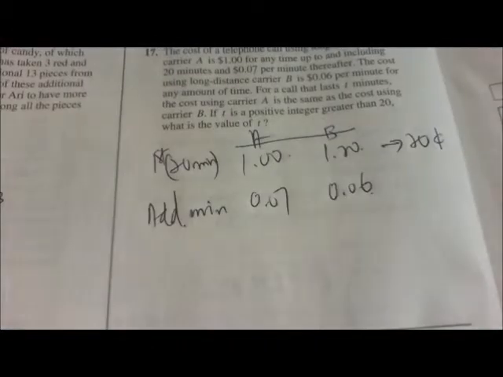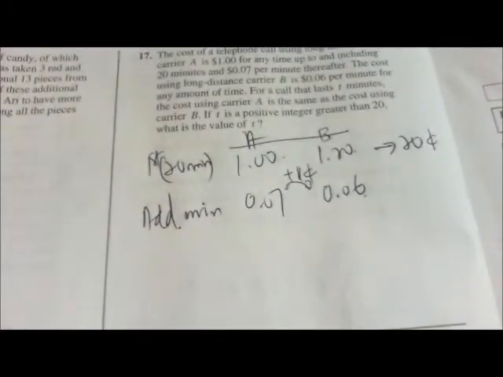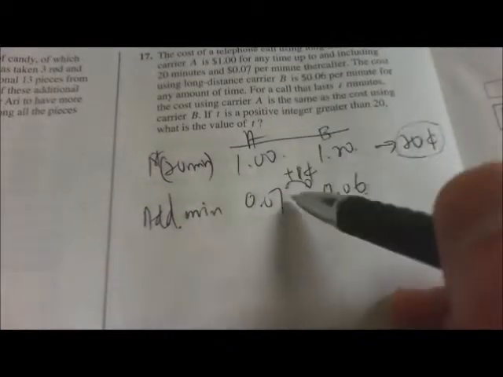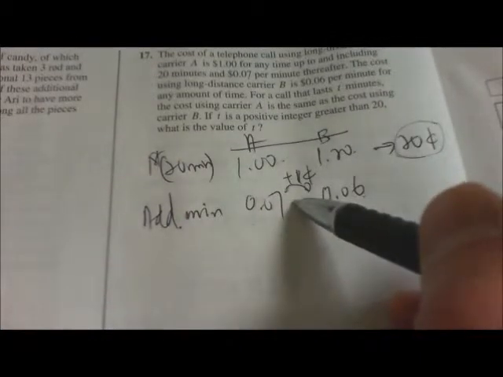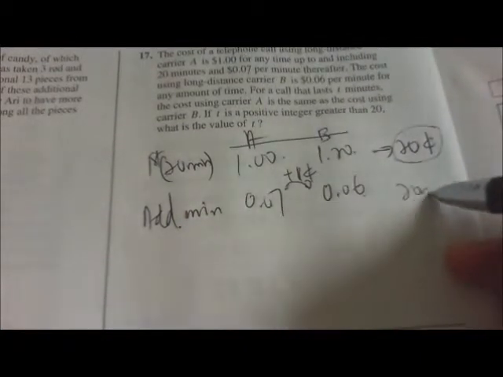For additional minutes, A is 7 cents, B is 6 cents. So A will catch up 1 cent every single minute. In order to recover the 20 cents behind, A has to spend 20 minutes to catch up.